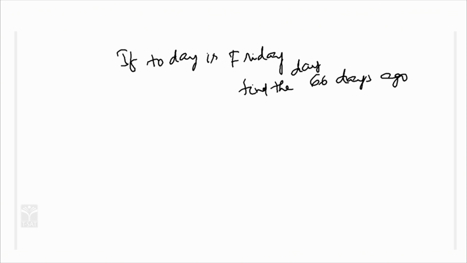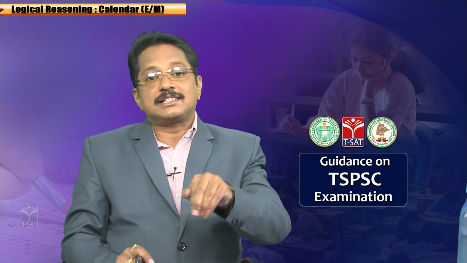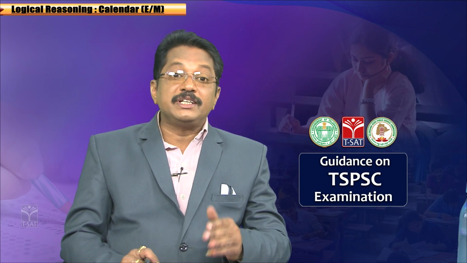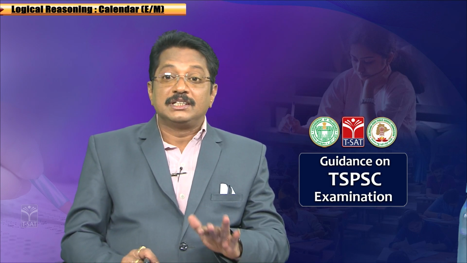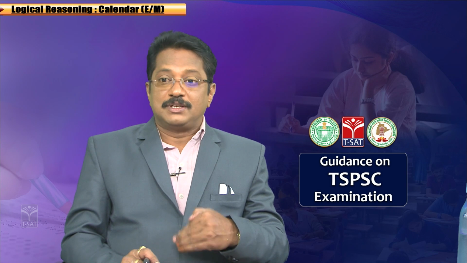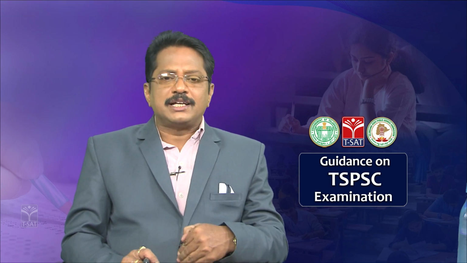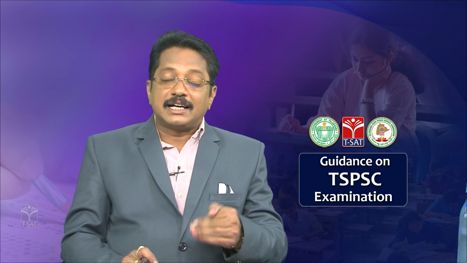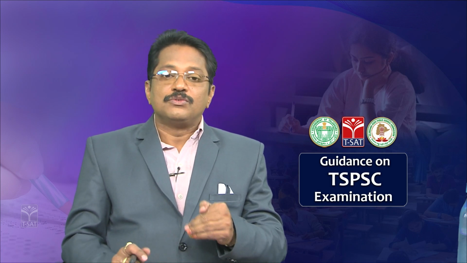Here sometimes the question may be asked as ago or after, or on the 66th day. This kind of question will come. How are we going to do it, I will discuss it. What is given here? If today is Friday, you may assume that today is maybe Tuesday, correct, but the condition is 'if', so we have to follow this condition.